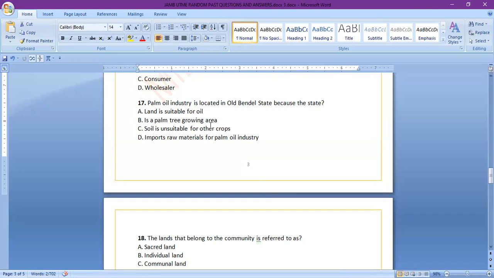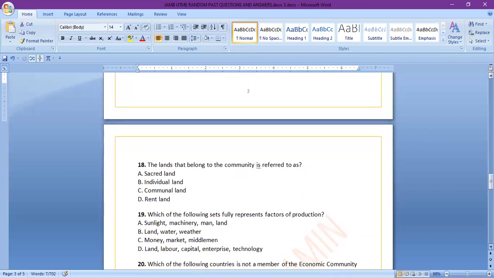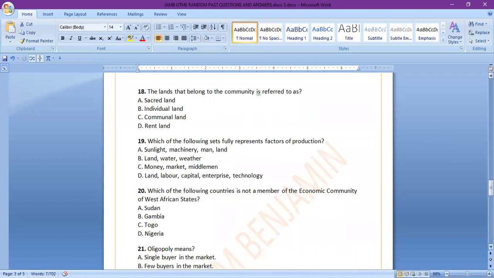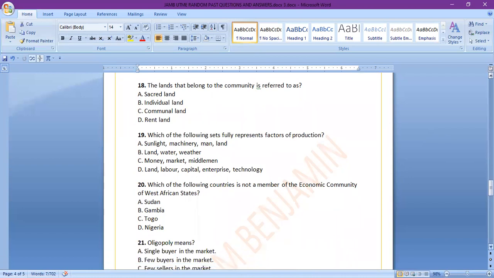So the answer is that old Bendel State is a palm tree growing area, because palm oil is produced from the palm seeds gotten from the palm tree, isn't it? Yeah, it's correct.